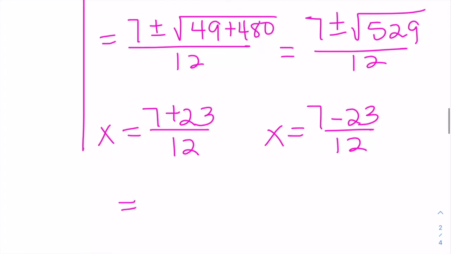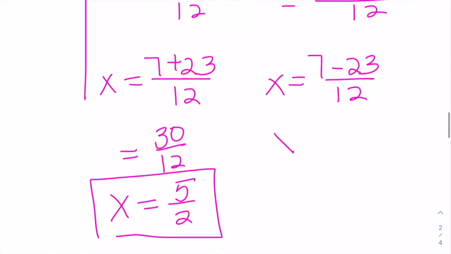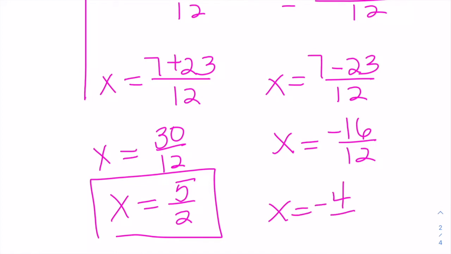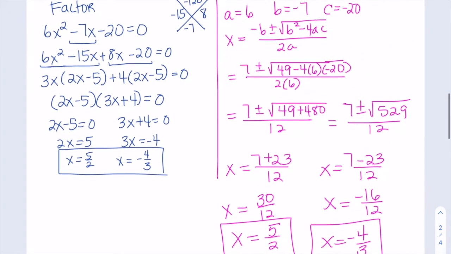So let's just simplify this. This will be 30 over 12, and 6 goes into both of those, so that's going to be 5 halves. And for the next answer, that equals negative 16 over 12. Well, 4 goes into both of those, so we'll have negative 4 over 3. And that's exactly what we got when we factored the problem as well.